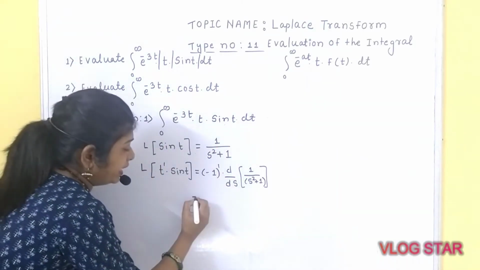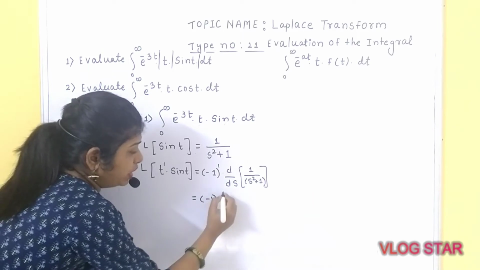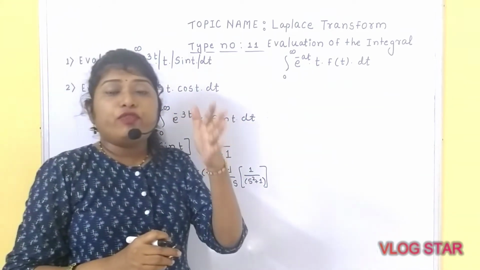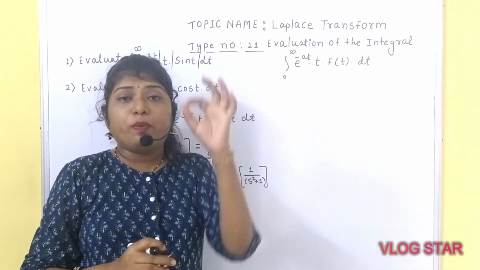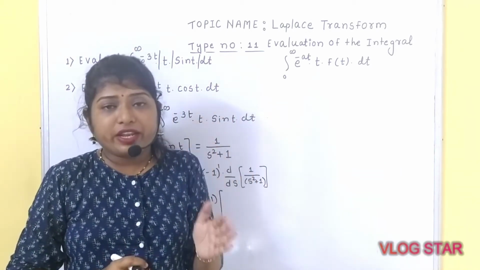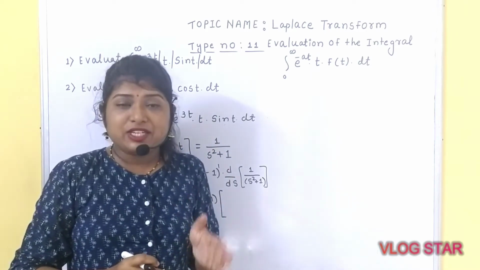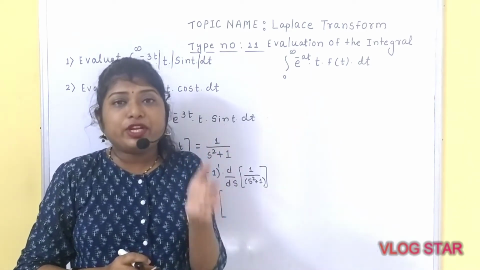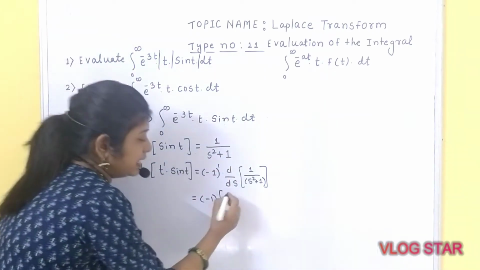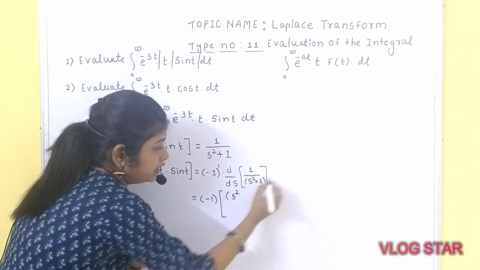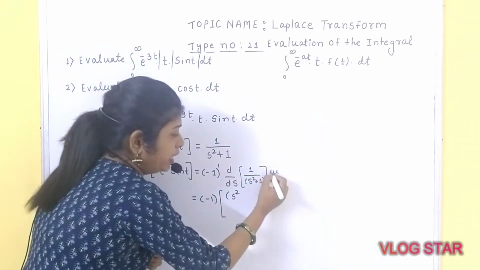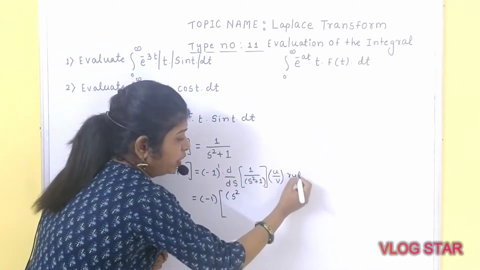After taking the derivative, what will you get? You need to apply the u by v rule. How are you going to find the derivative of u by v? What is the formula? v as it is into derivative of u, minus u as it is into derivative of v, upon v square. Am I right? So in this case, if I consider this is u, this is v, we have to apply the u by v rule.